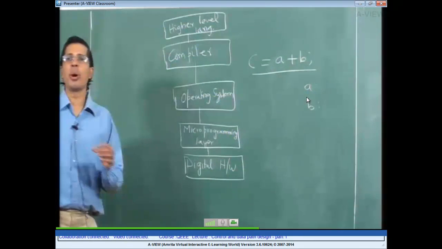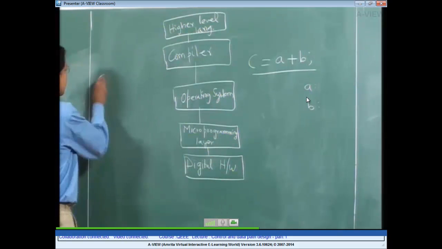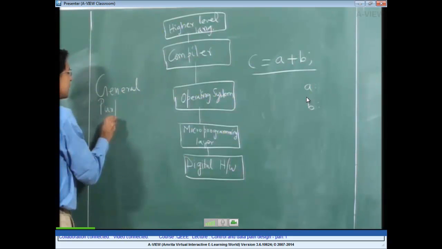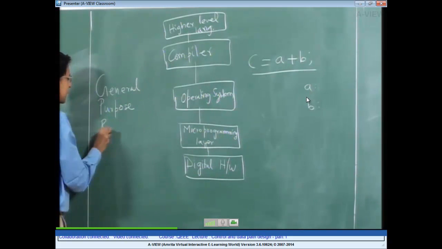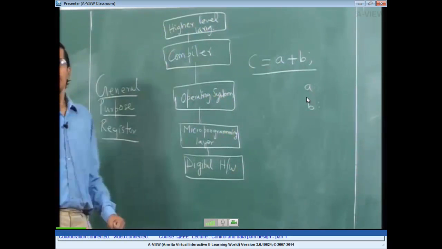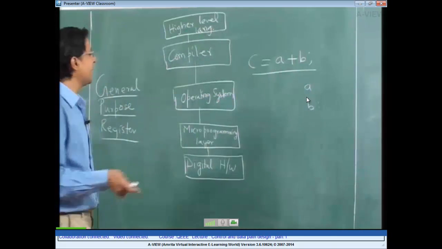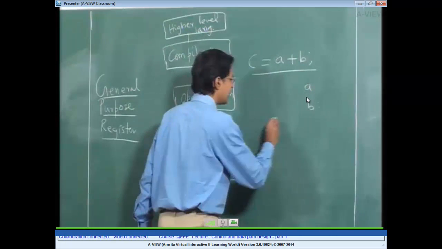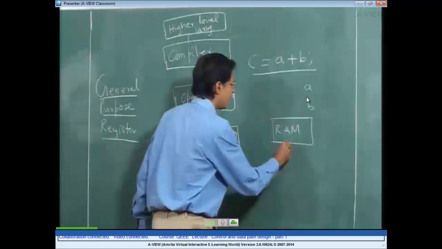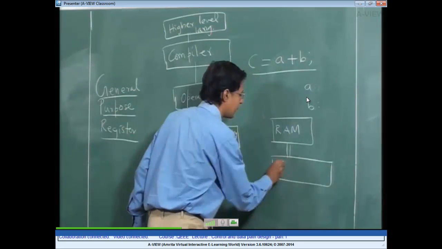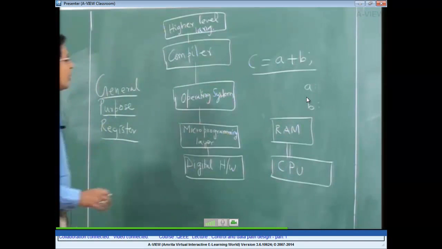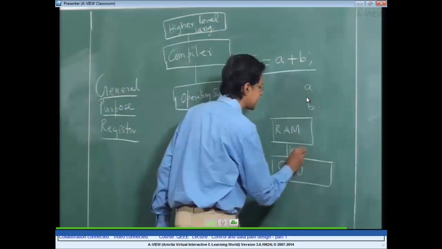To explain what a general purpose register is, the program that you execute is actually in the memory or RAM. And there is an interface between the RAM and the CPU through what we call a bus.